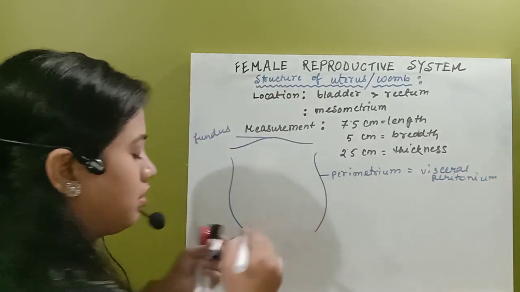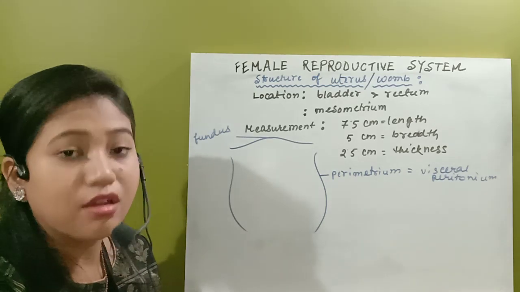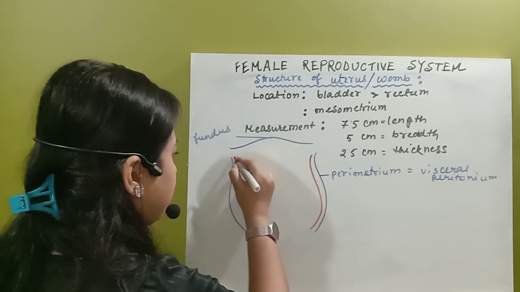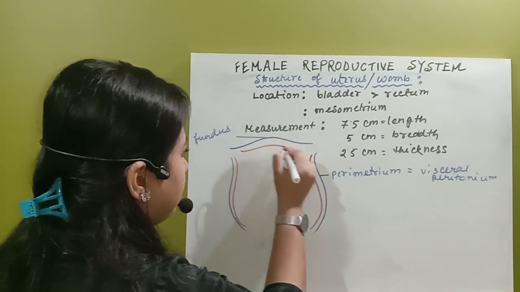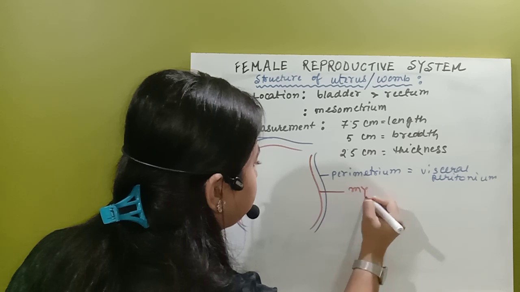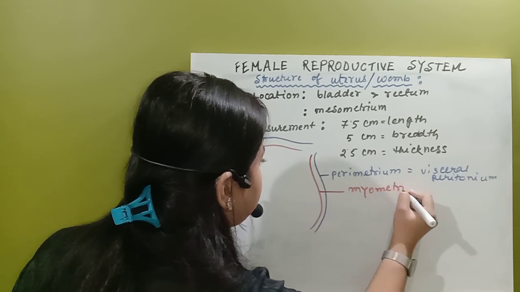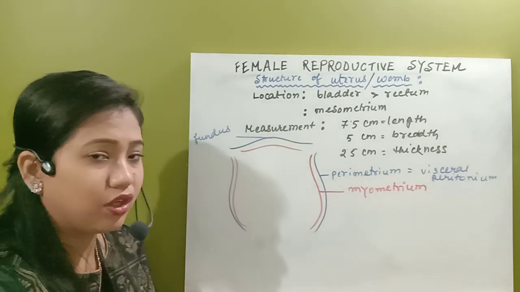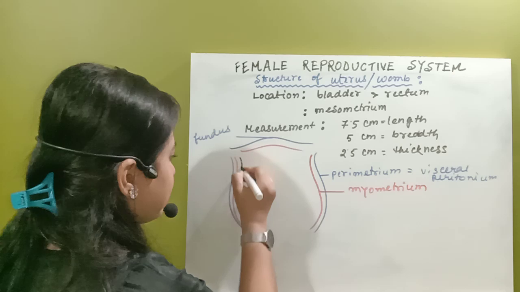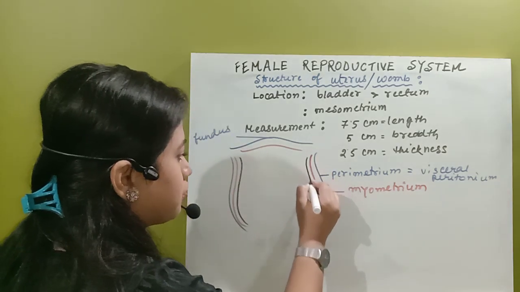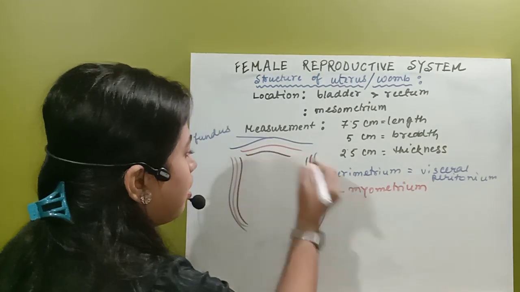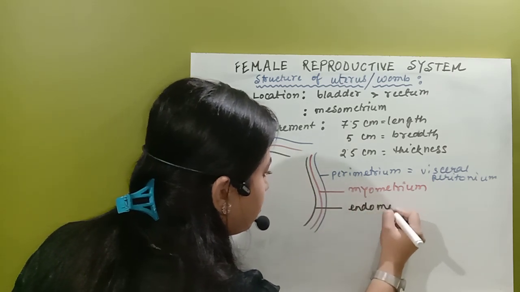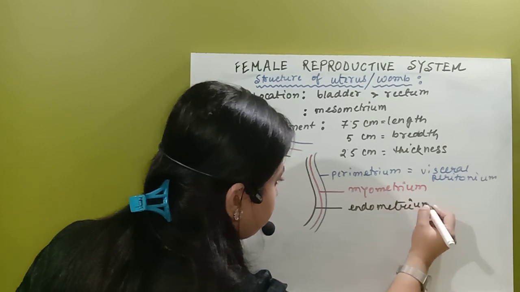The middle layer is the muscular layer. This is known as the myometrium, and the internal or innermost layer is known as the endometrium.